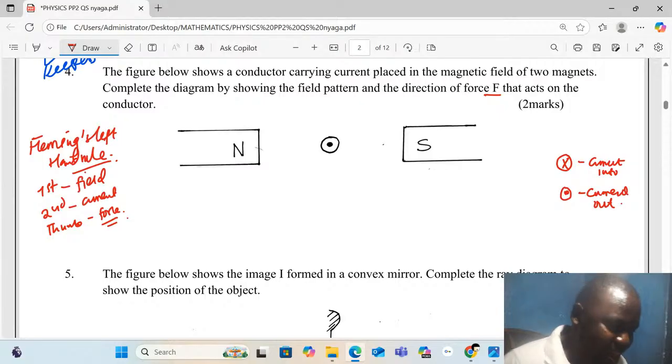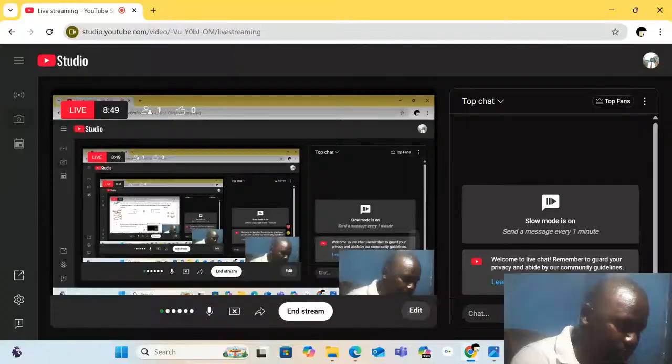From the diagram we have here, it is giving us current out of the paper. Now, applying Fleming's left-hand rule, this is how I am going to place it. Allow me to show you from this part.